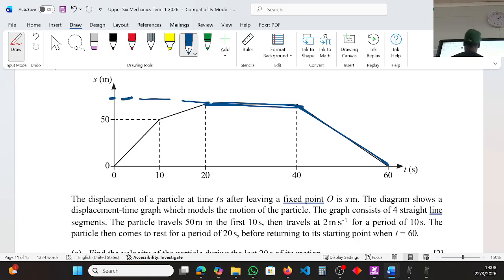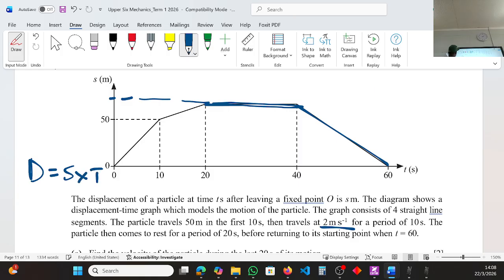What we know is from the 10 seconds, we are told that it travels at 2 meters per second for 10 seconds. Then from this, we can tell its displacement because distance is given by speed multiplied by time.